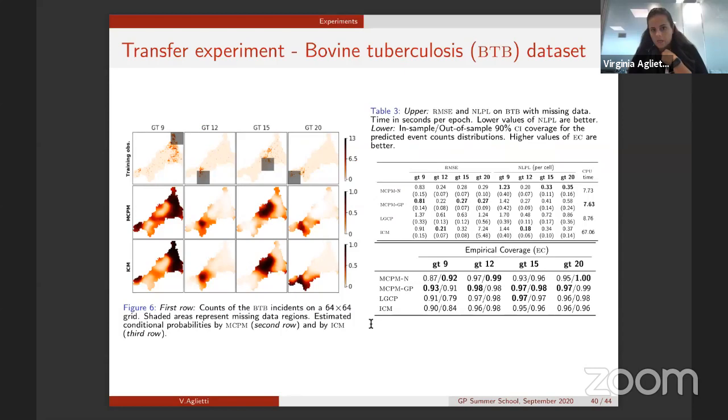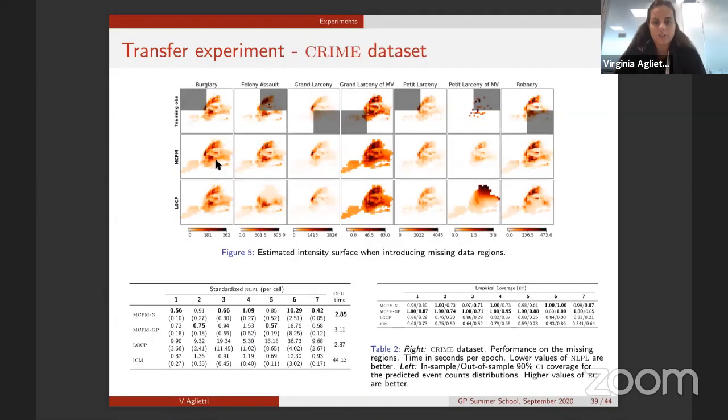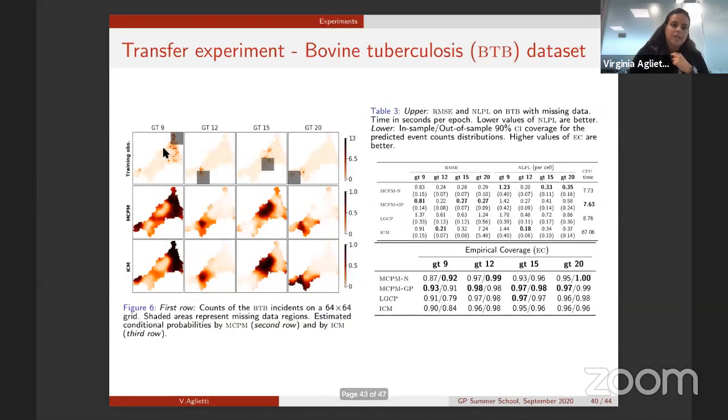Okay. So the last application is this bovine tuberculosis dataset. This is interesting because it's different from the crime dataset. In the crime dataset, you could see, already by looking at the data, some very similar pattern. What you can see in this application, and this first row represents the data, is what Peter Diggle calls spatial regression.